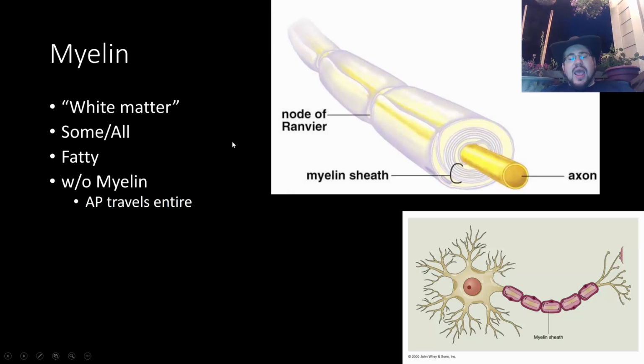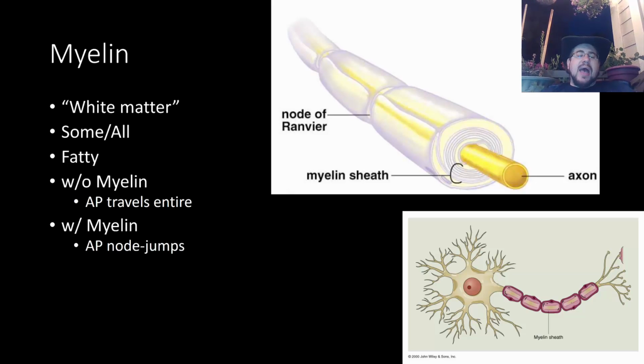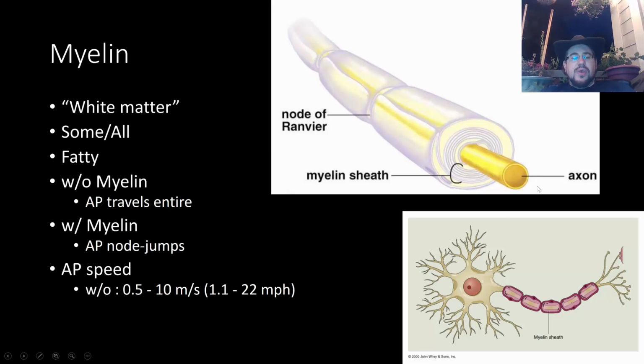Without myelin, an action potential travels down the entire length, and it goes relatively slowly. Whereas with myelin, we do little jumps between the nodes, so the action potential travels much faster. So, I was talking meters per second.